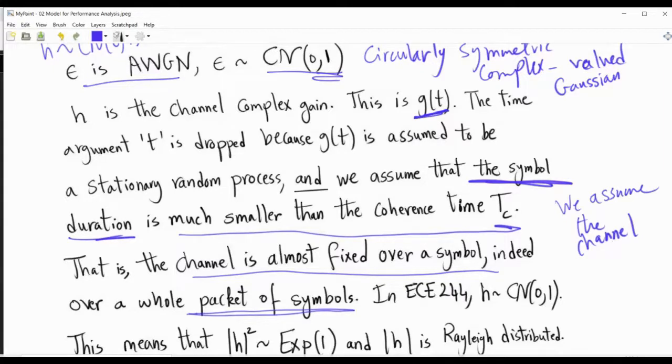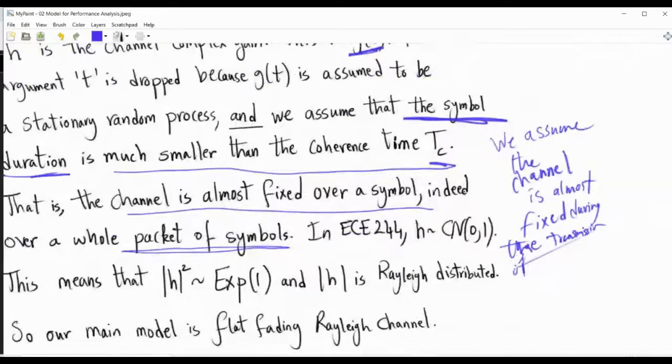That's true; otherwise, all the previous stuff would be meaningless. The channel is a random process and it changes over time, but we assume the channel is almost fixed during the transmission of a number of symbols.